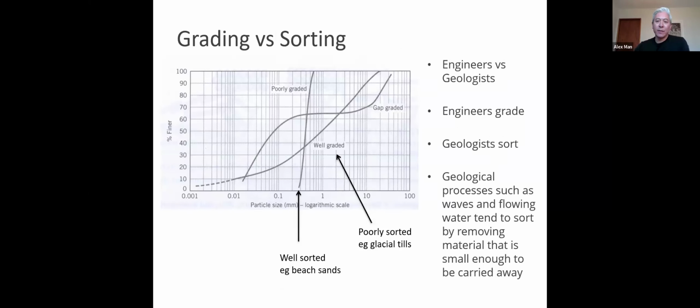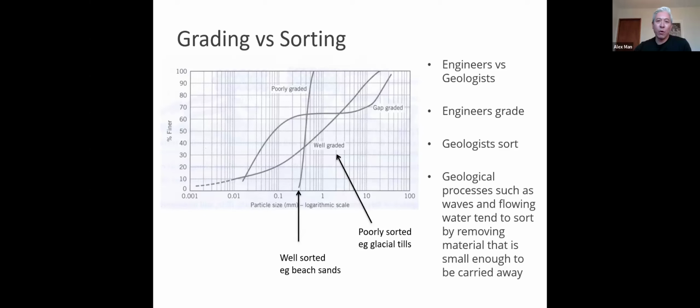To confuse things, engineers and geologists use totally different terminology, and you just have to pick one and get used to it. Well-sorted beach sands are, let me reverse that. Poorly graded soils, like that ball bearing thing, are well sorted. So in geology terms, they look at geological processes sorting materials.